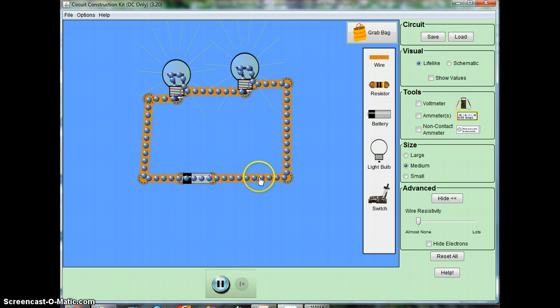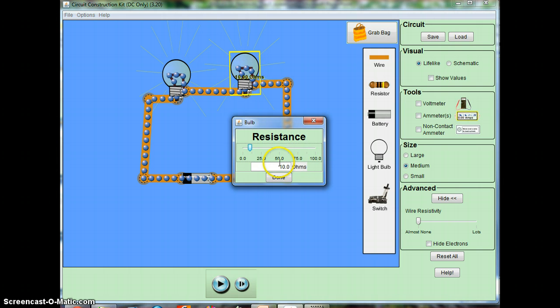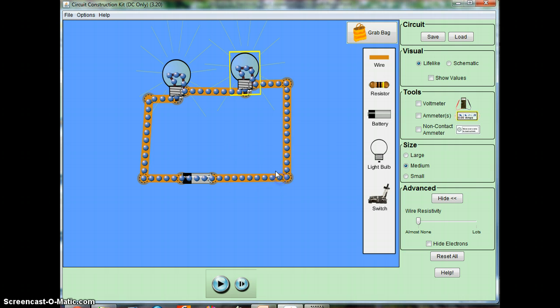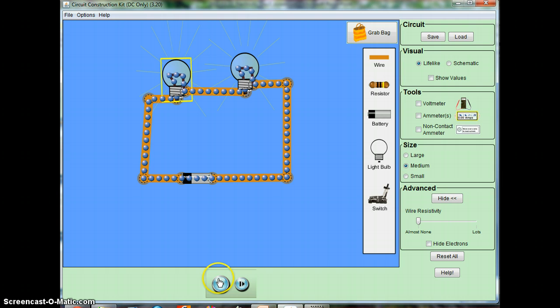And then if we change the resistance of these bulbs, we can actually alter the resistance values. So maybe this one's 10 ohms, and we change this one to be smaller, maybe like a 1 ohm resistance. Then if we play it, you can see that they're going to have different brightnesses.